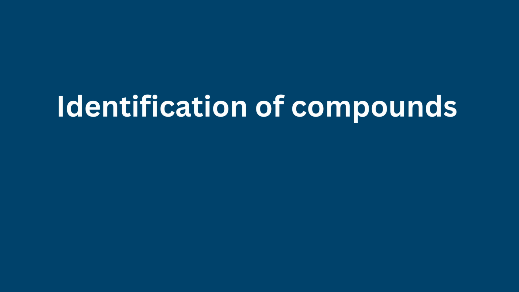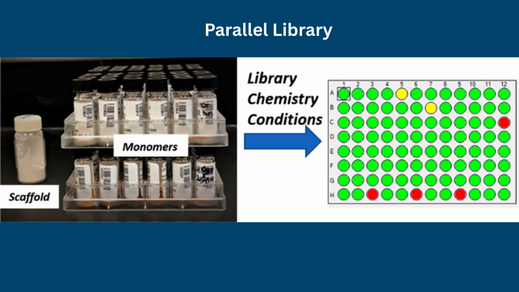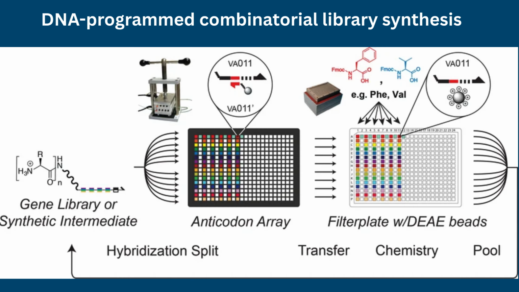A critical aspect of combinatorial chemistry is the identification of active compounds within large and often complex libraries. Addressable libraries produced by parallel synthesis allow direct identification of compounds based on their position. In contrast, non-addressable libraries generated by split and pool methods require encoding and decoding strategies to track synthetic history.